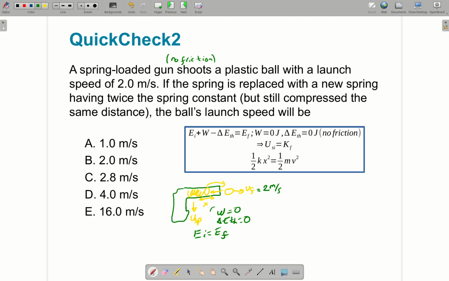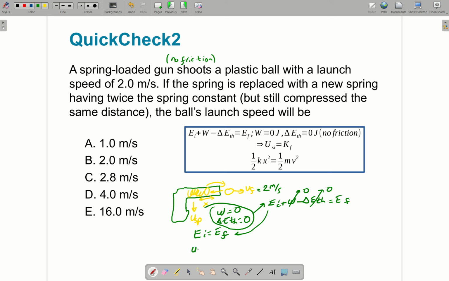So I put these two to 0, then I directly jumped into initial energy is equal to final energy. Let me still write down the full equation: E initial plus work done minus delta E thermal equals E final. Those are 0, so we jump down to this.